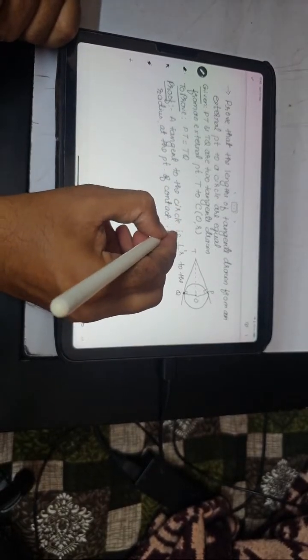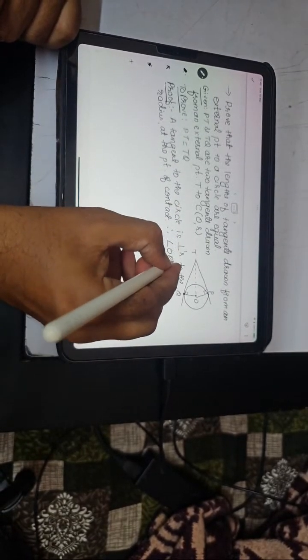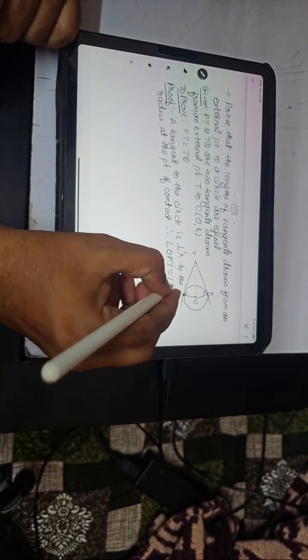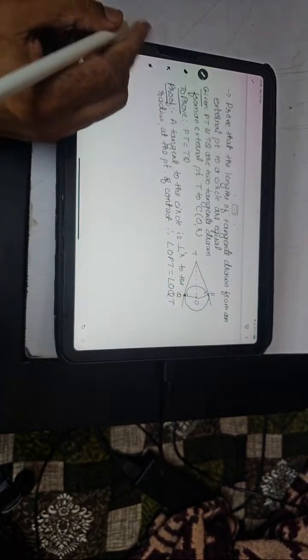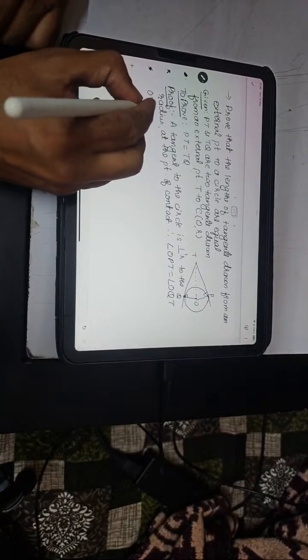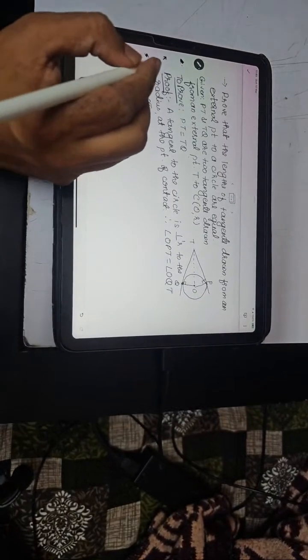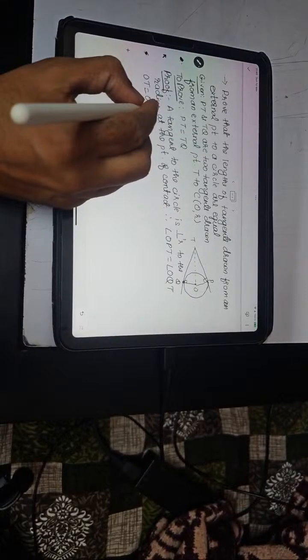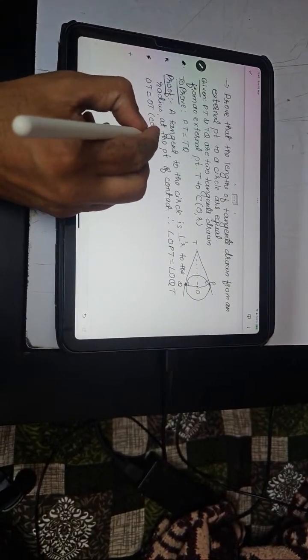So therefore I can say angle OPT equal to angle OQT. And see, OT equal to OT is common. This is common, given to me.